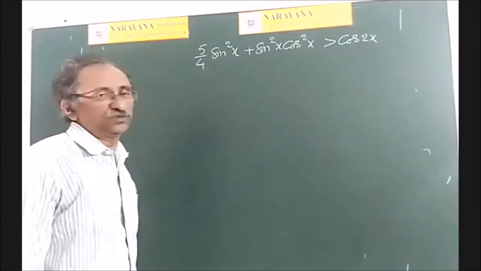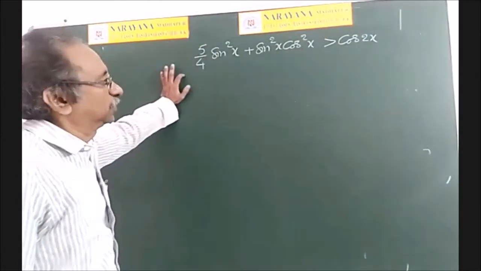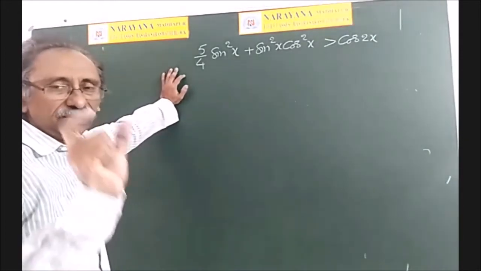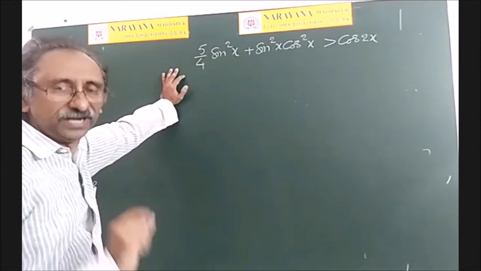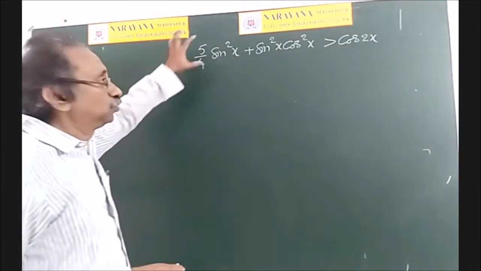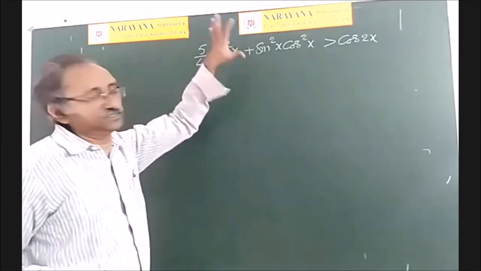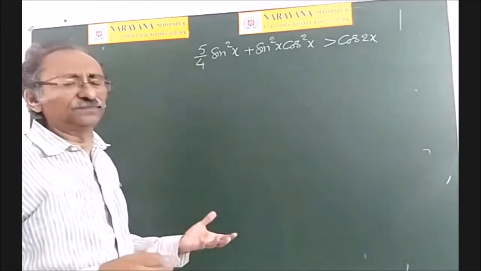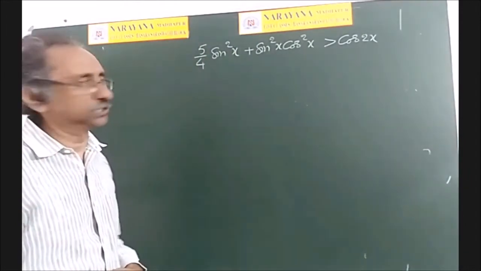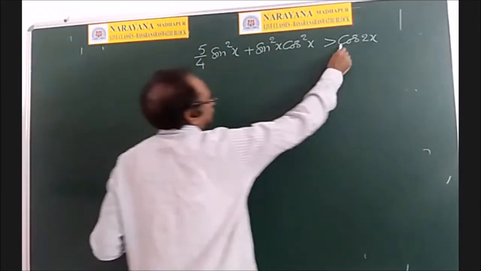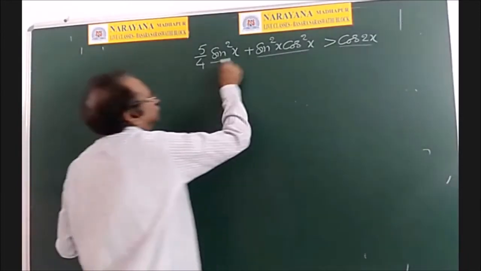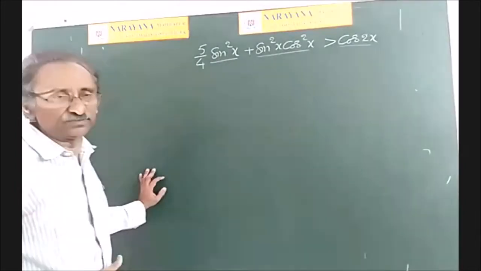So, for what values of x does this inequality hold good? In general, they will give a domain between 0 to 2 pi, or 0 to pi like that. In that domain, we have to verify for what values of x this inequality holds good. Or sometimes he may ask for the general solution also. Right. Now, how to simplify this? So, there is cos 2x. Can I convert this into cos 2x terms?